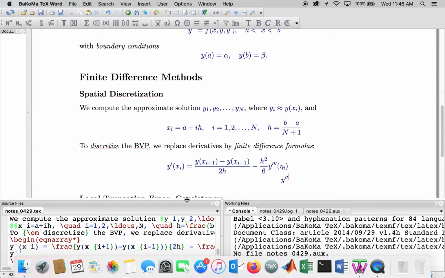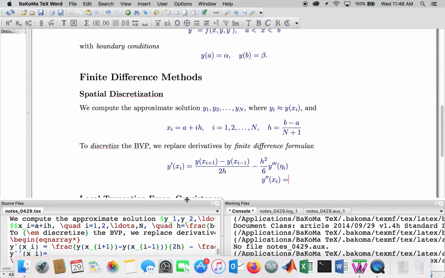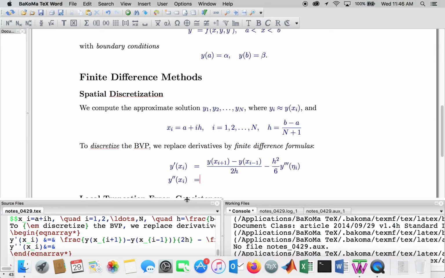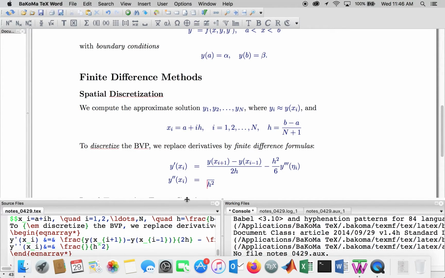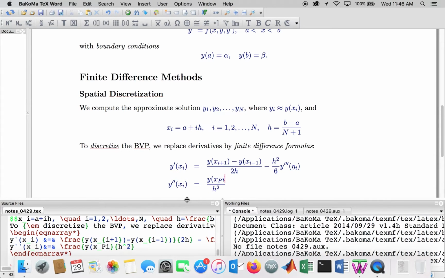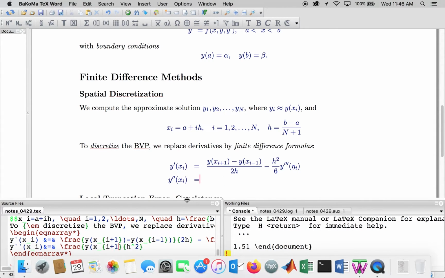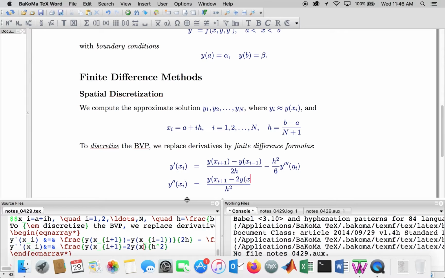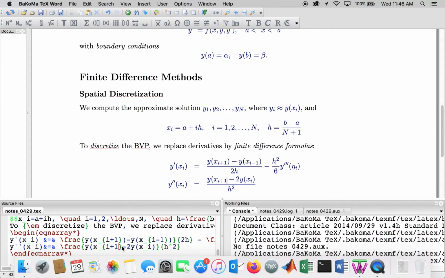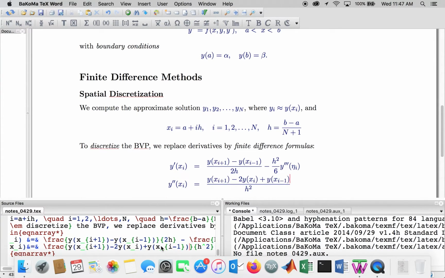And then the second derivative is also a centered difference. So we have h squared down below, and then up top we have y(x_{i+1}) minus 2y(x_i) plus y(x_{i-1}).